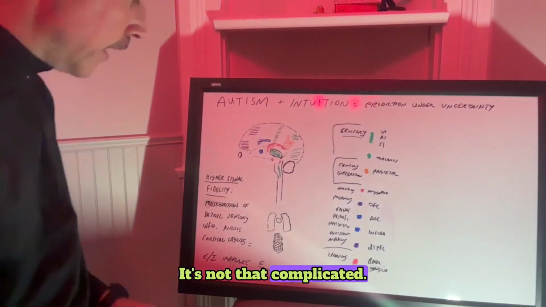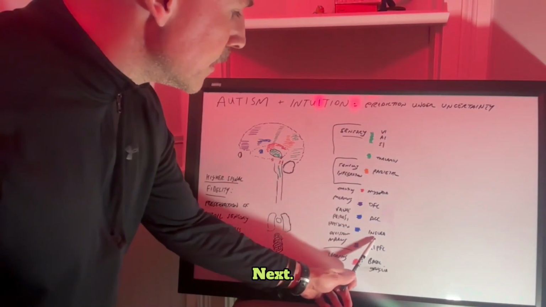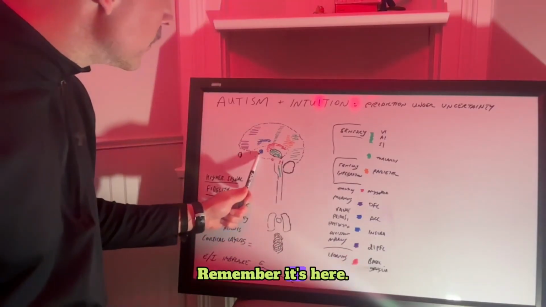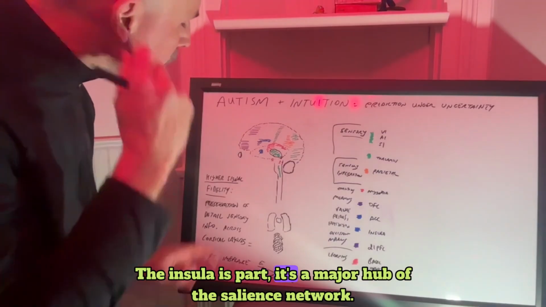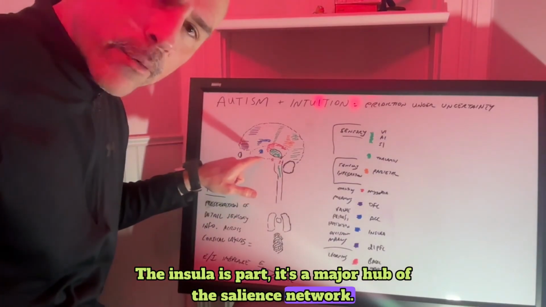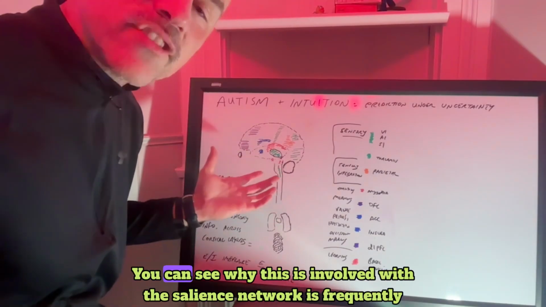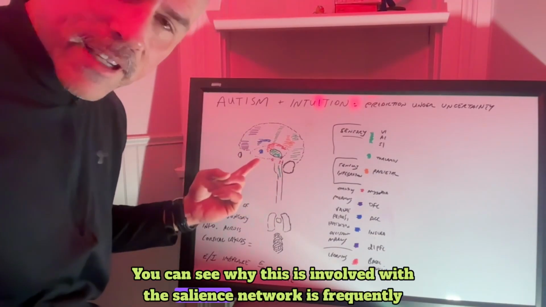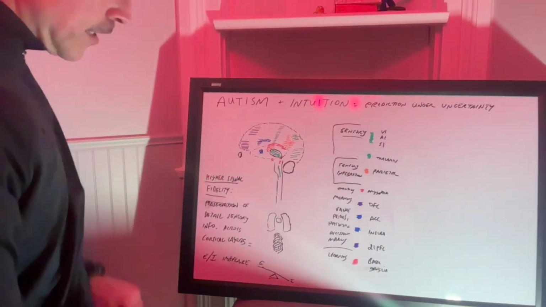It's not that complicated. And then the insula is heavily involved next, okay? Remember, it's here. The insula is a major hub of the salience network, okay? We're making sense of the salience network now. You can see why the salience network is frequently discussed, okay?